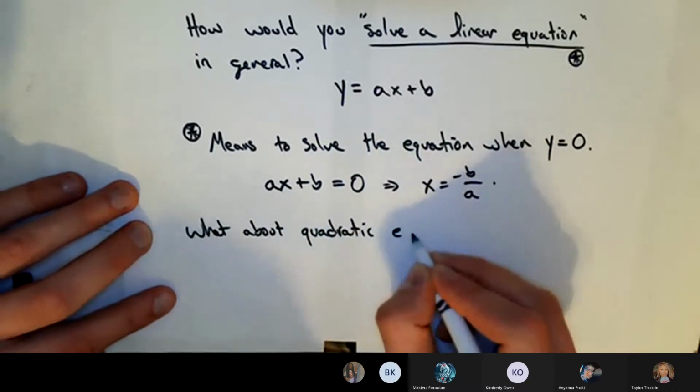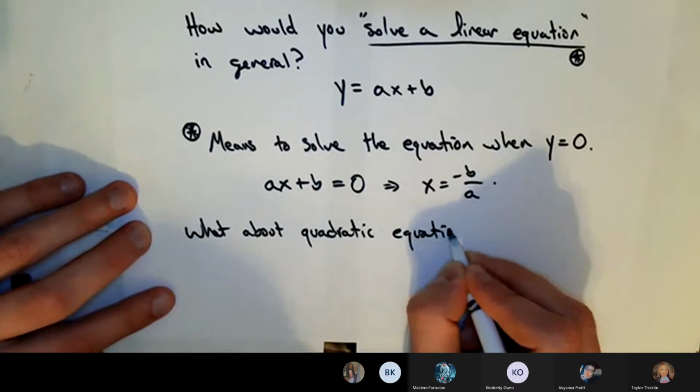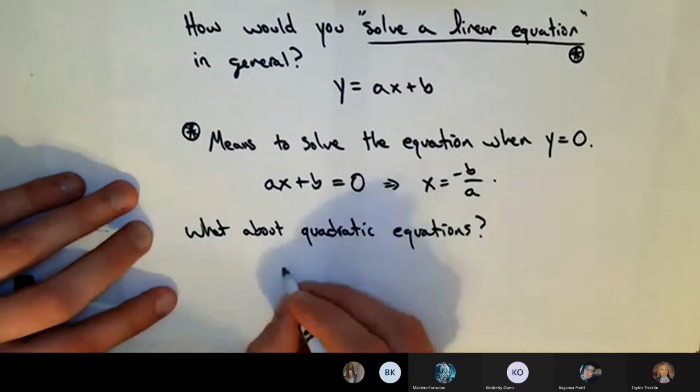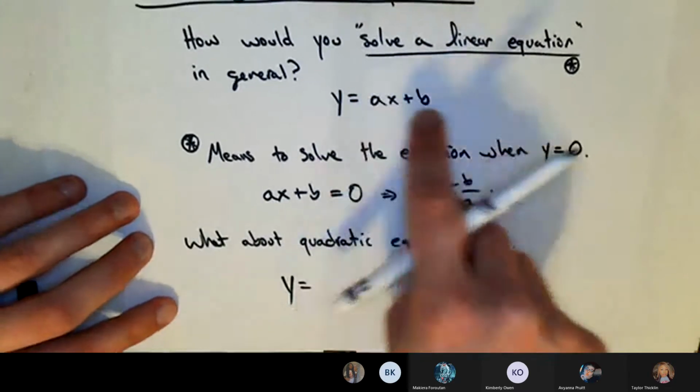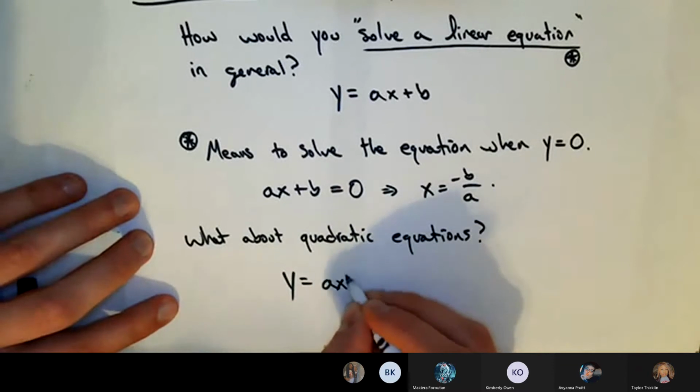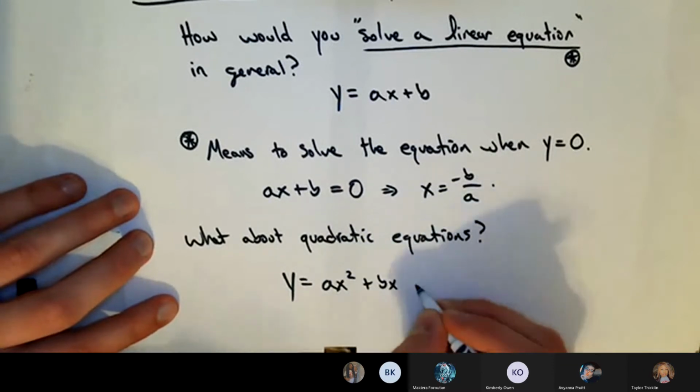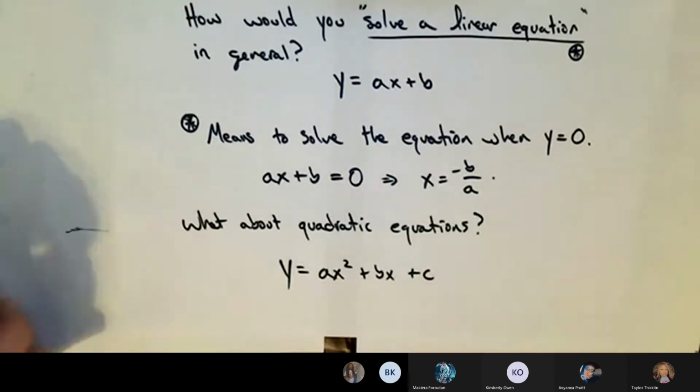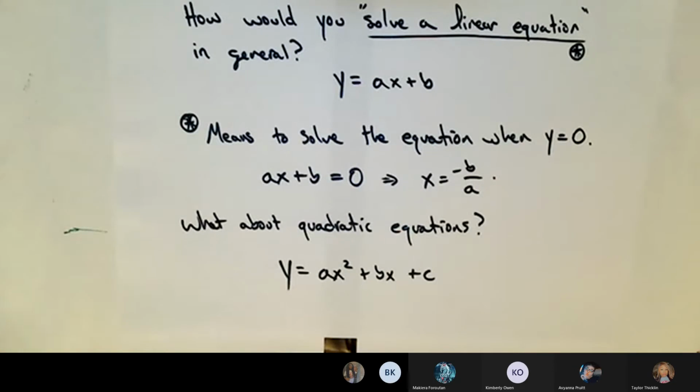So here we're moving on to quadratic equations. And what is a quadratic equation? It's going to be an equation in this form. Instead of just ax plus b, we have this form, ax squared plus bx plus c.